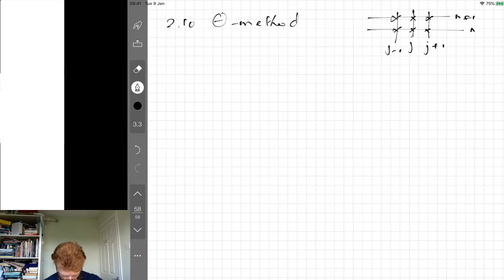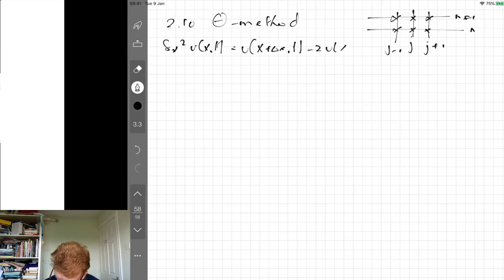Now, using the difference notation introduced in the last video lecture, namely that delta sub x squared u of x comma t is u of x plus delta x comma t minus 2 u of x comma t plus u of x minus delta x comma t, which you can also apply on the approximation.